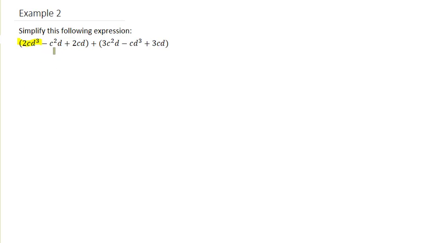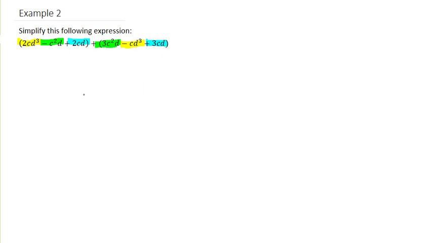We look, and it's not the second term, not the third. This one is close, but it doesn't work because it's c squared d. But this term right here, we can add to this term. Next, let's find c squared d and see if there are any other ones, which we can see there's one right here. And then finally, we have just 2cd and then 3cd.